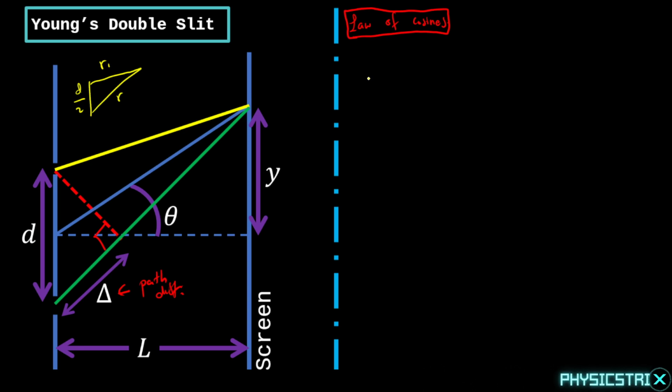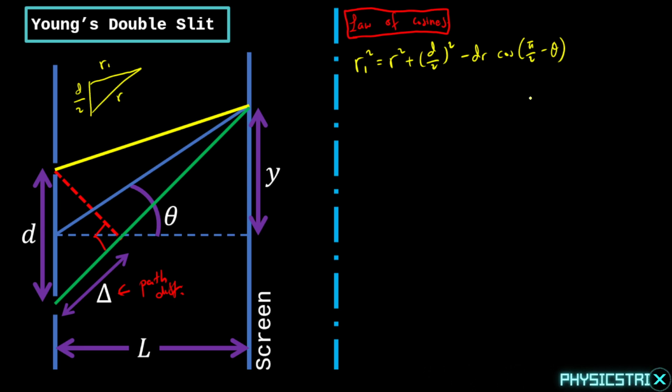So what it will give me is R1 squared equals R squared plus (d over 2) squared minus dR cos(pi over 2 minus theta).